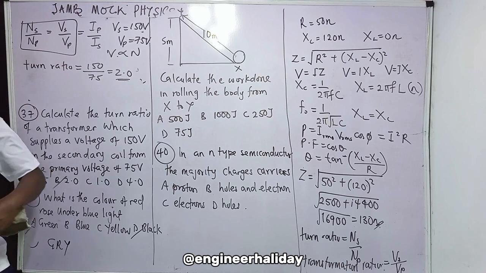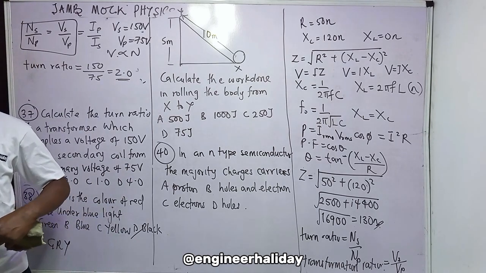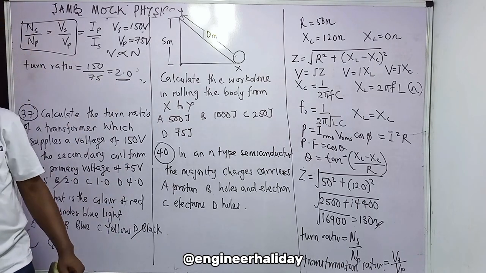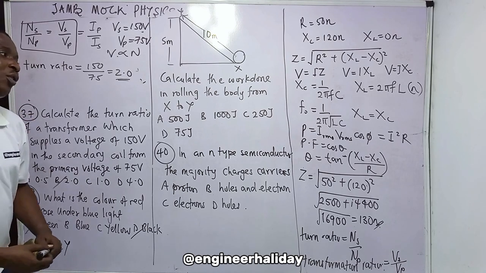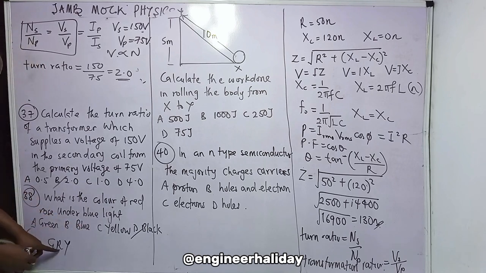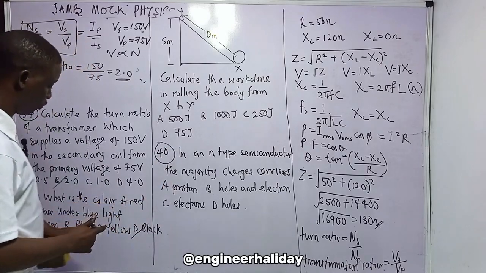That means that for me to show myself as white, I have to reflect all colors, because white is all colors. So if a red rose is exposed to blue light, it shows black. But if it's exposed to yellow light, it will only reflect red but absorb green. So you see, by reflection, not by absorption. Like reflects like, while unlike is absorbed, in color analysis. So the answer is C.